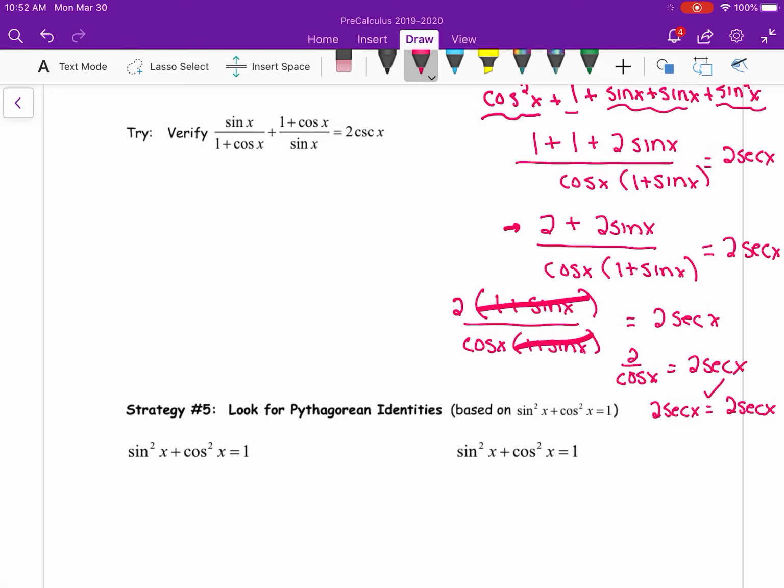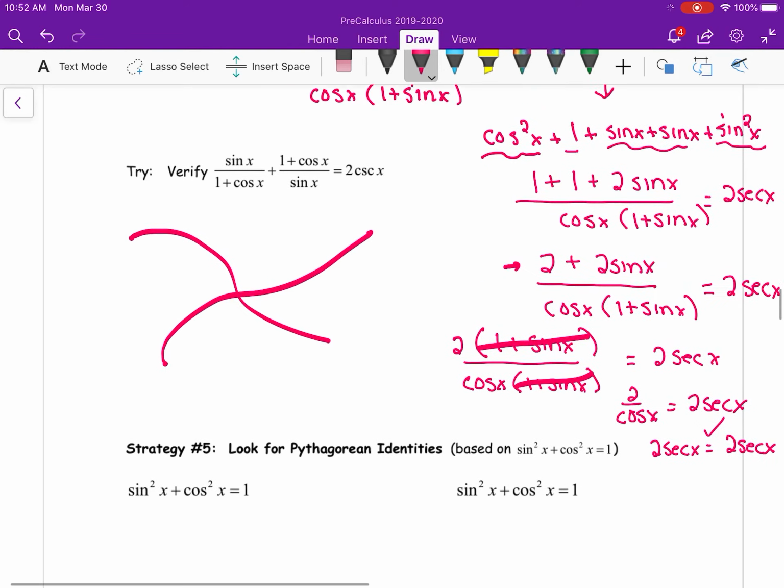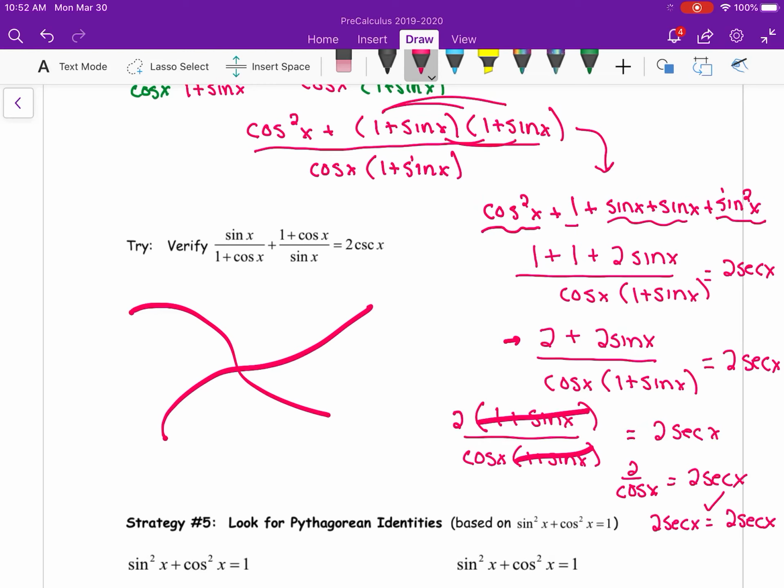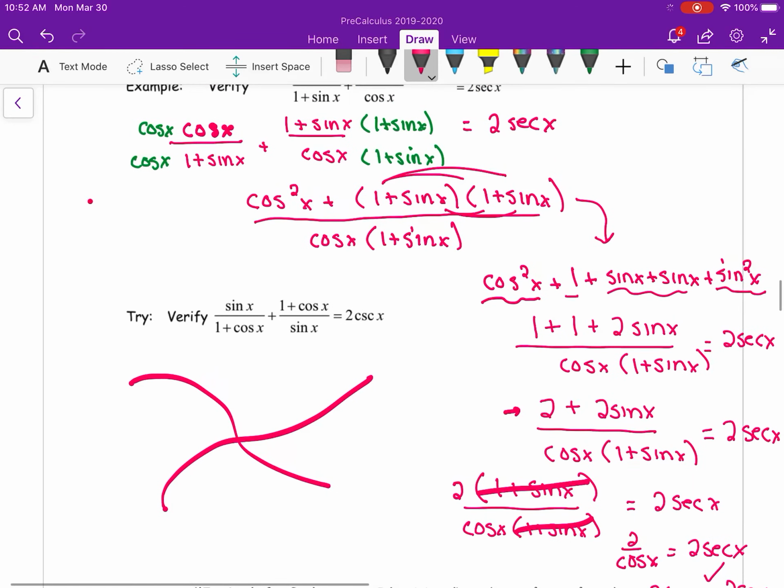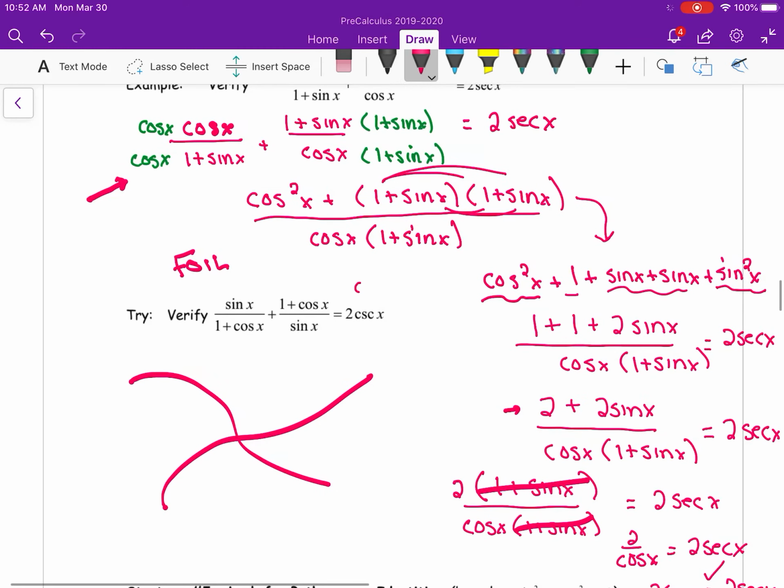All right, so I'm going to not do this one just because we ran out of room and it's the exact same problem, just with the reciprocals. But going back to the beginning, just multiply each side by what it needs, FOIL, combine like terms and look for identities.